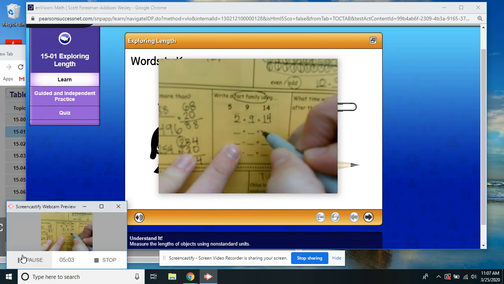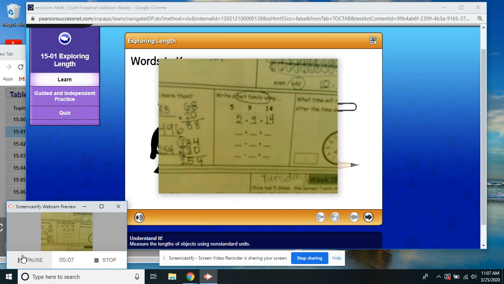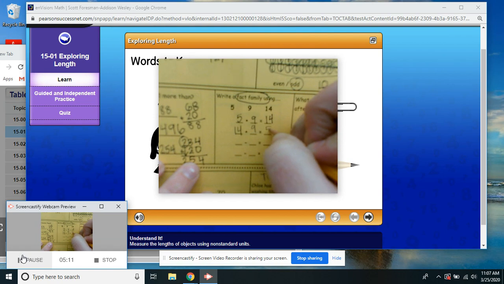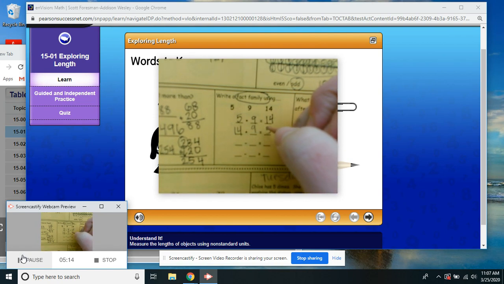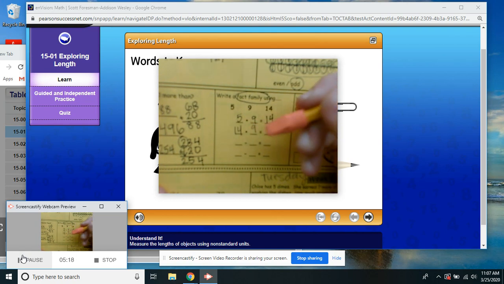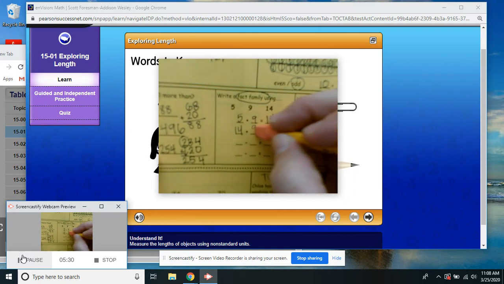Would it work if I did 14 plus 9 is 5? Can I do that? No, you're right. I cannot. 14 plus 9 is 23. That does not work. 23 is much too large than 5.